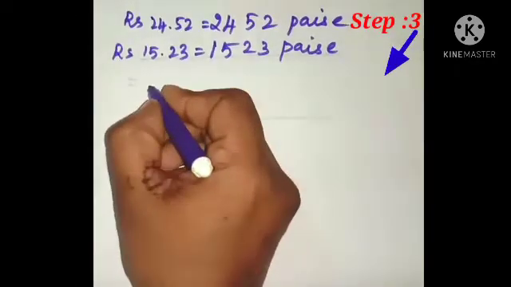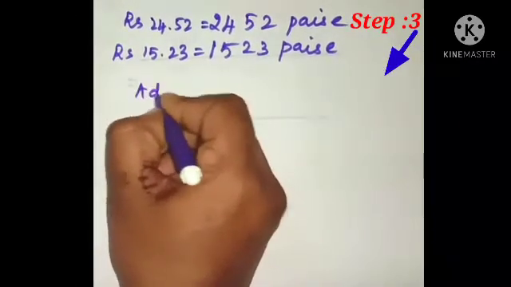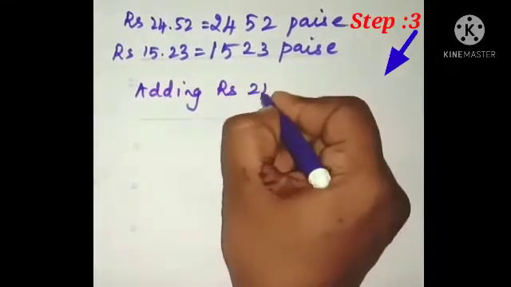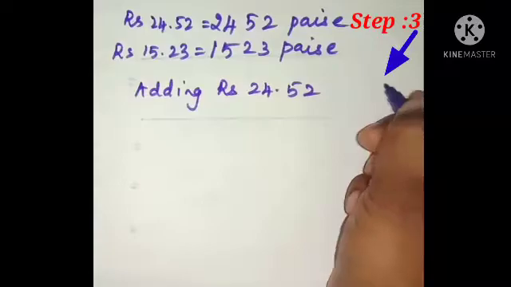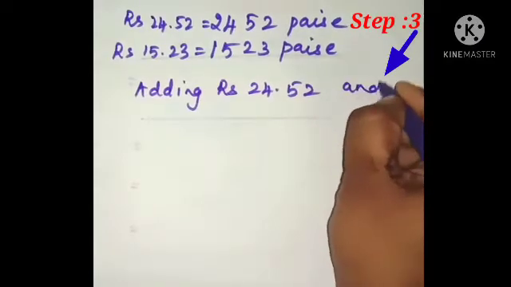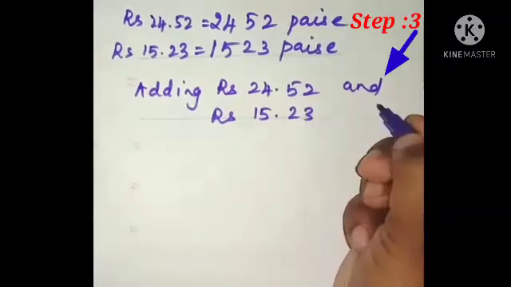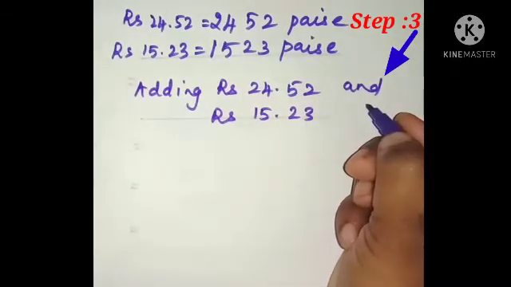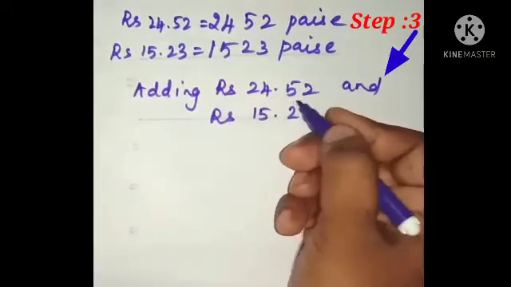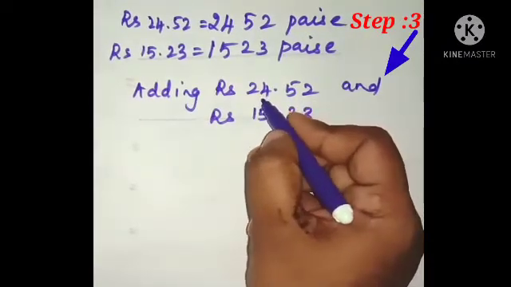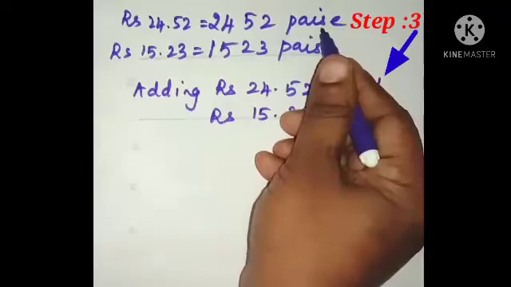Now, children, our problem is adding rupees 24 52 paise and rupees 15 23 paise, isn't it? Now we are adding with conversion, that is, we converted rupees into paise.